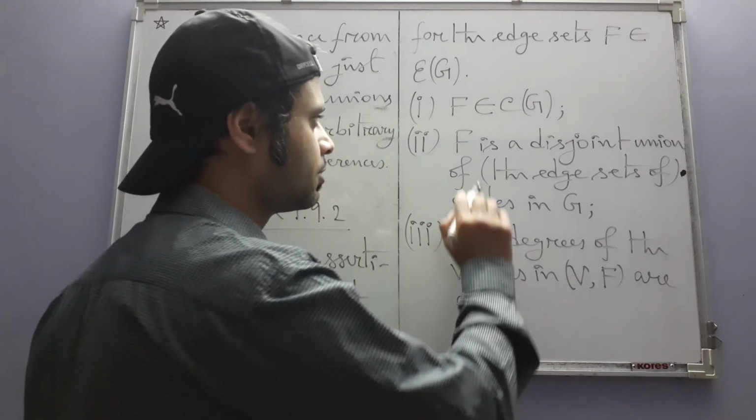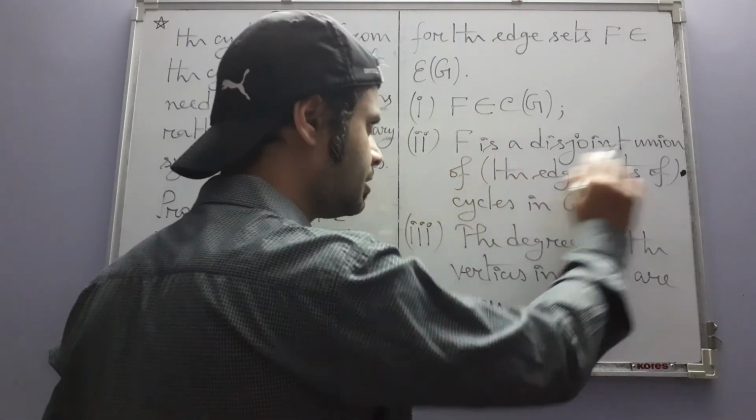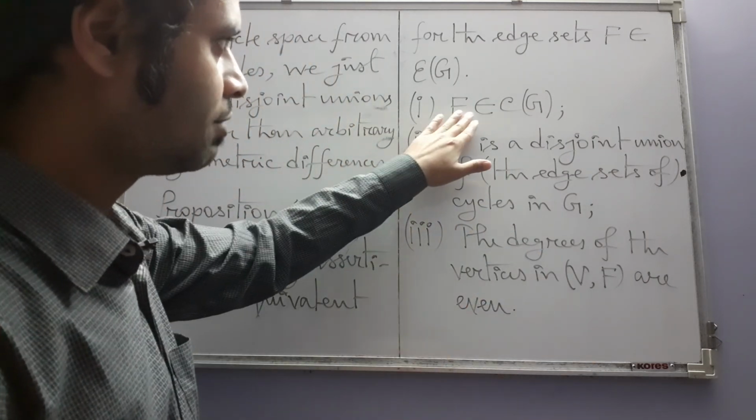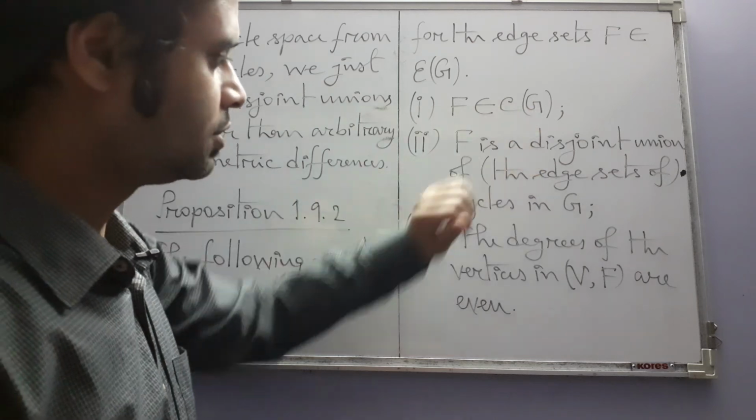However, it turns out that F actually is a disjoint union of some cycles in G if F belongs to the cycle space of G.